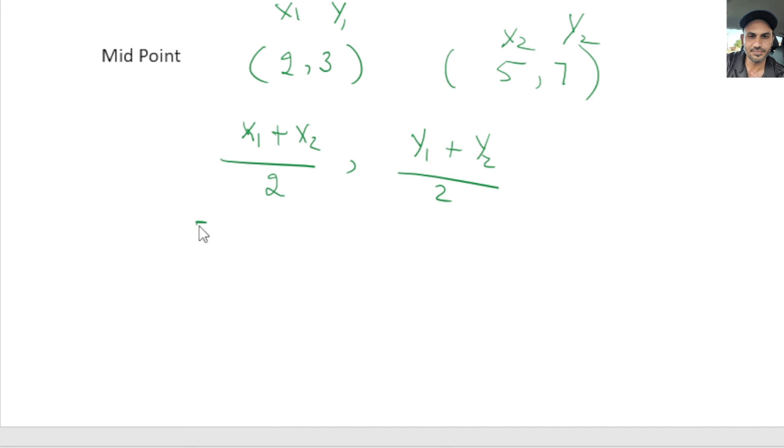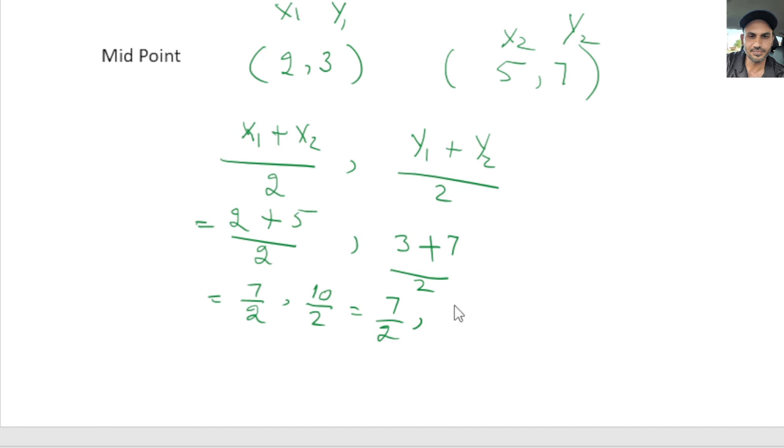Okay, now we can go ahead and plug in these values. Our x1 was 2, our x2 was 5, divided by 2, our y1 was 3 plus our y2 was 7, divided by 2. So we have 7 over 2, comma, 10 over 2, and that's equal to 7 over 2, comma 5.